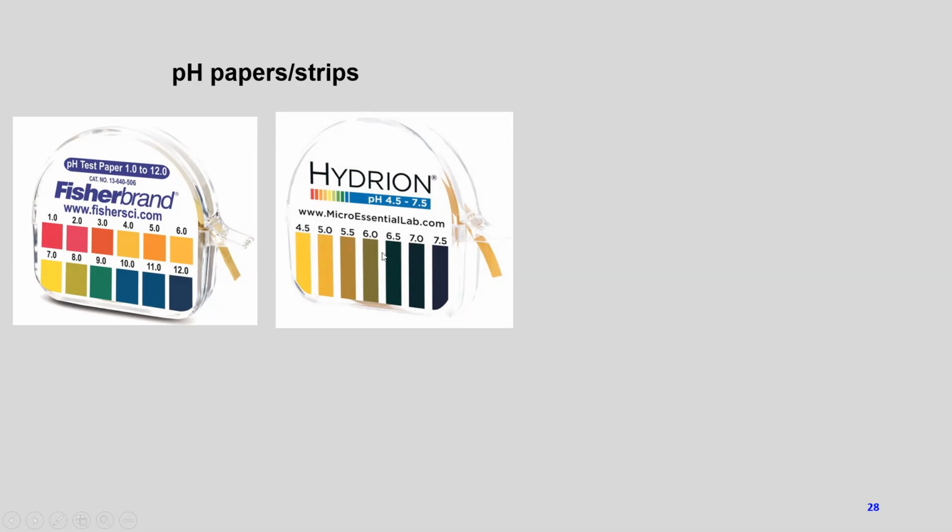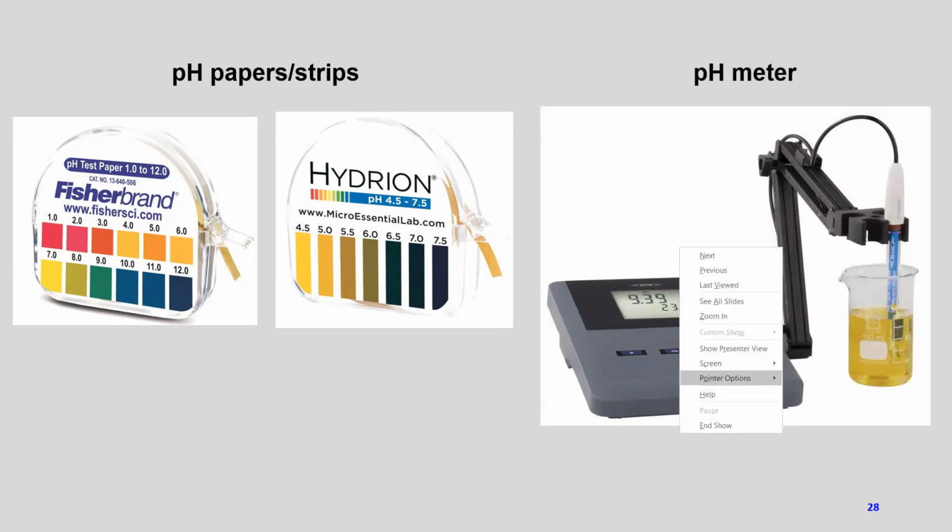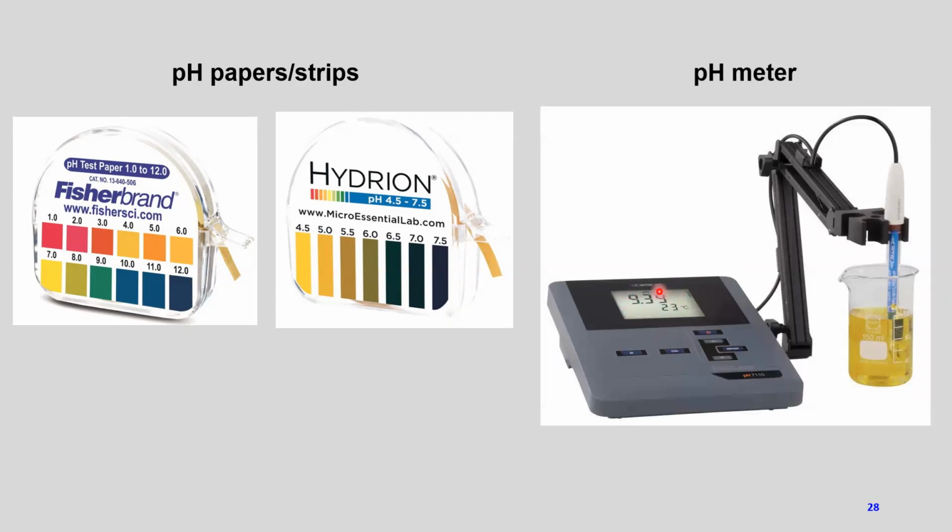But if you want a really accurate determination of the pH, you can use a pH meter, which of course is a little bit more expensive. It uses a pH probe here. You're going to dip this probe into the liquid sample, and then it'll spit out a number. Based on that number, it can be acidic or basic, right?